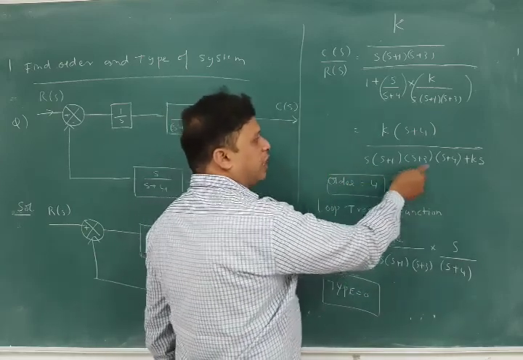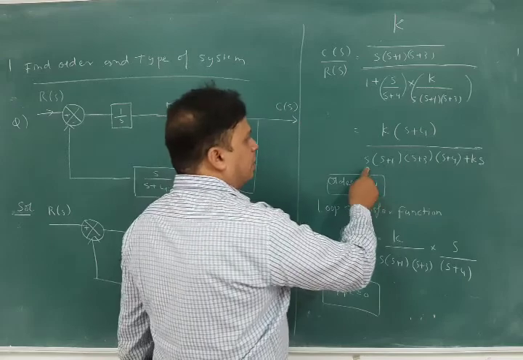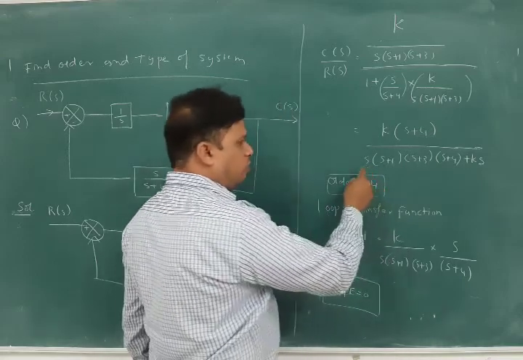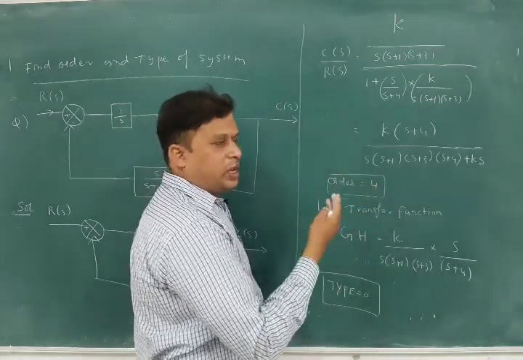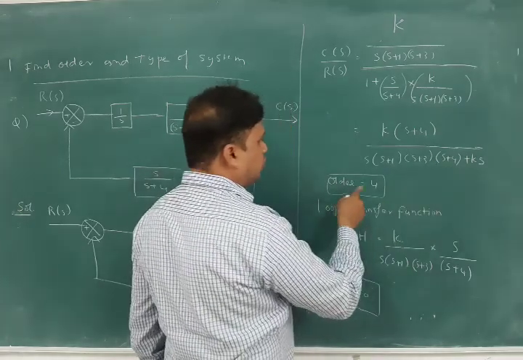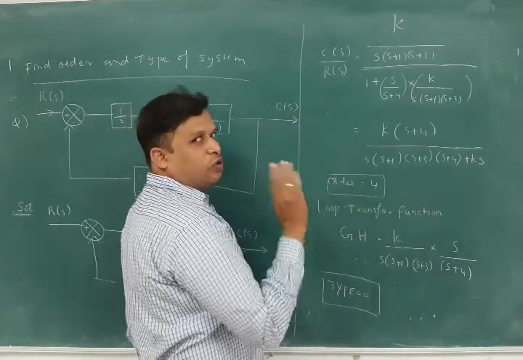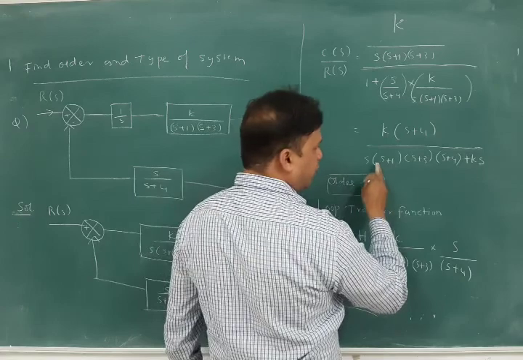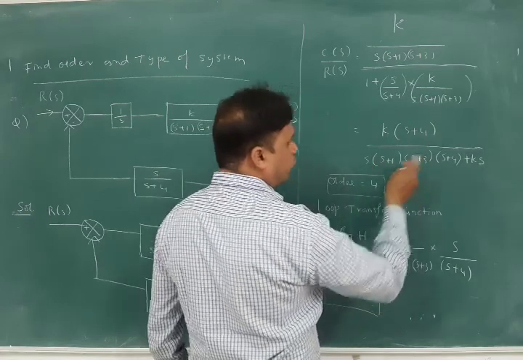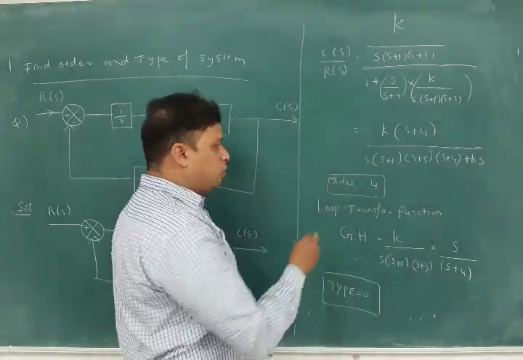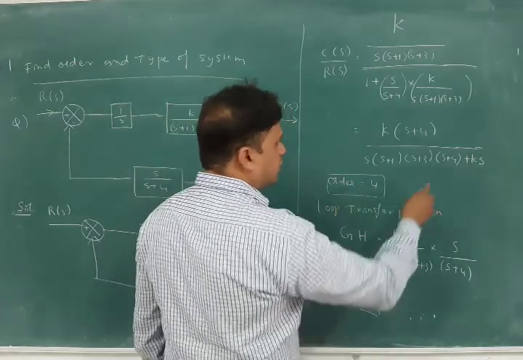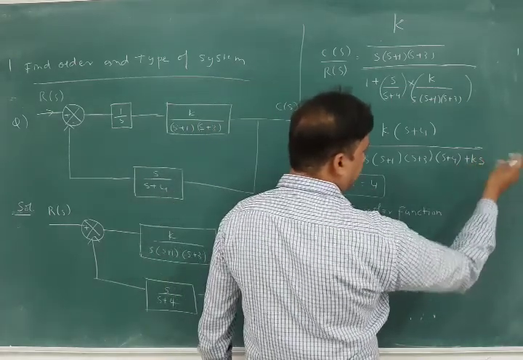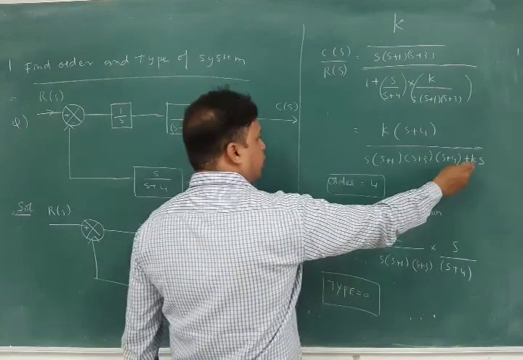We get s power 4 plus s cube plus s square, like that we will get the equation. So the order is equal to 4, where the highest degree is 4, because there are 4 s terms here, 1, 2, 3 and 4. If you multiply, it becomes s power 4. The Ks is a separate expression, so you can leave it like that.